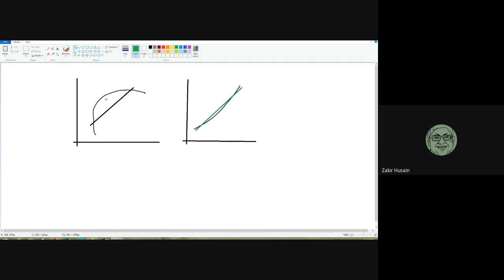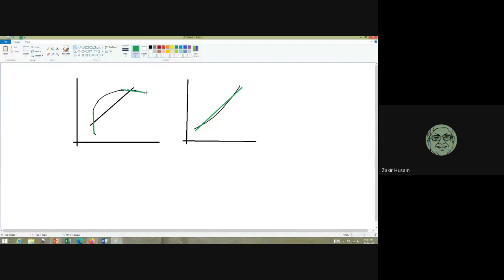Okay, so suppose we are working with only this segment. Can we model this using a linear equation system? Yes. Even here, if we just apply it to a particular range, the error becomes minimized.